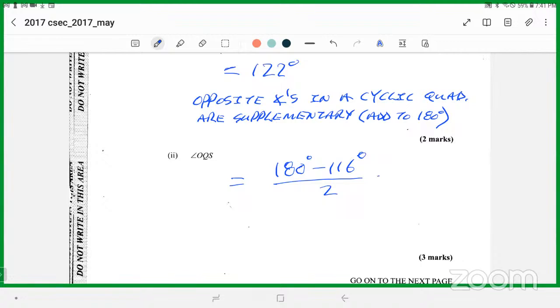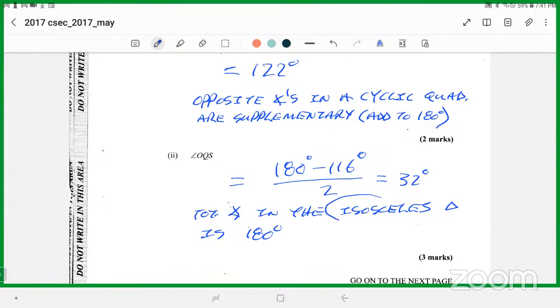What does it work out to? 32 degrees each, right? The reason is that the total angle in an isosceles triangle is 180 degrees.